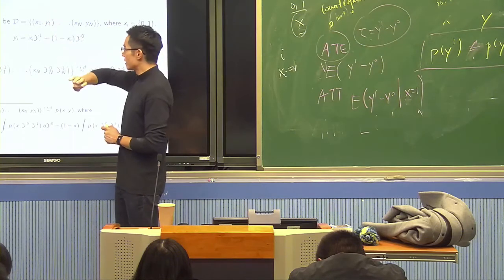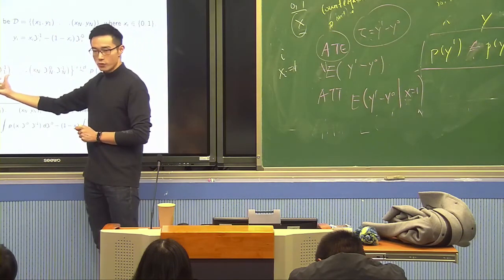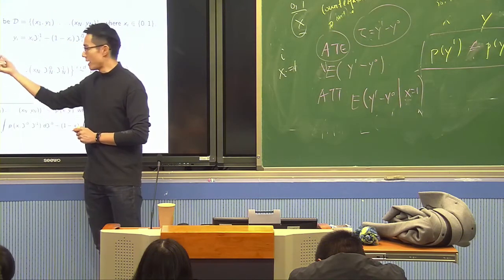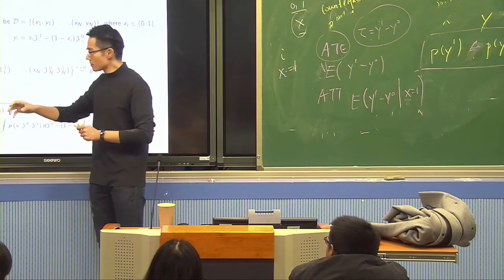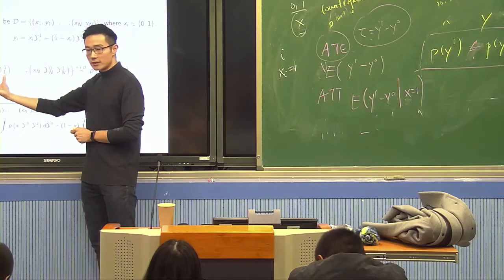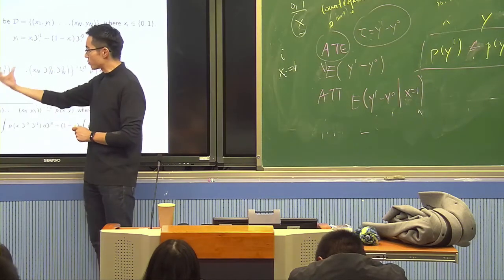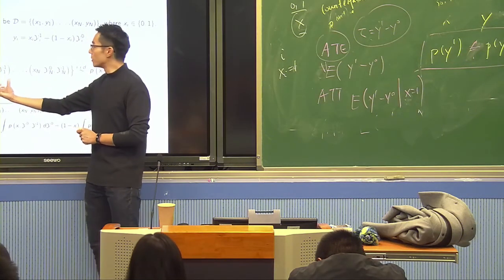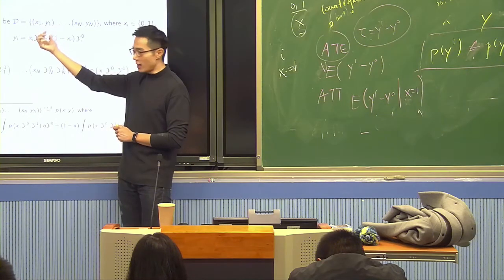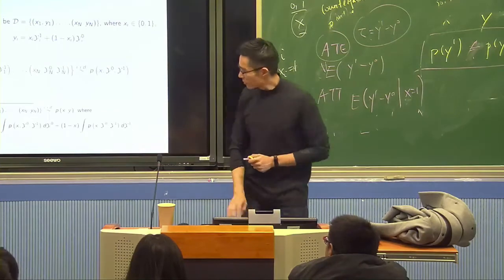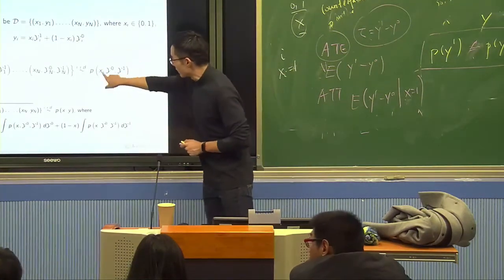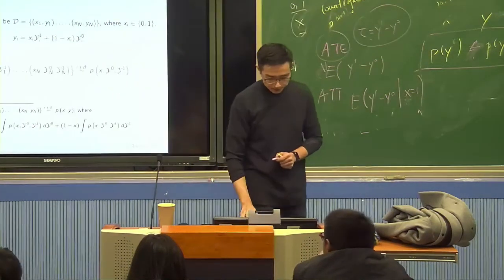But underlying this x, y is actually the joint distribution of three variables: x, y1, and y0. X is a binary variable. So the underlying distribution is this three-variable joint distribution, but we only observe x and y, because y is either y1 or y0. So that's one way to think about it.